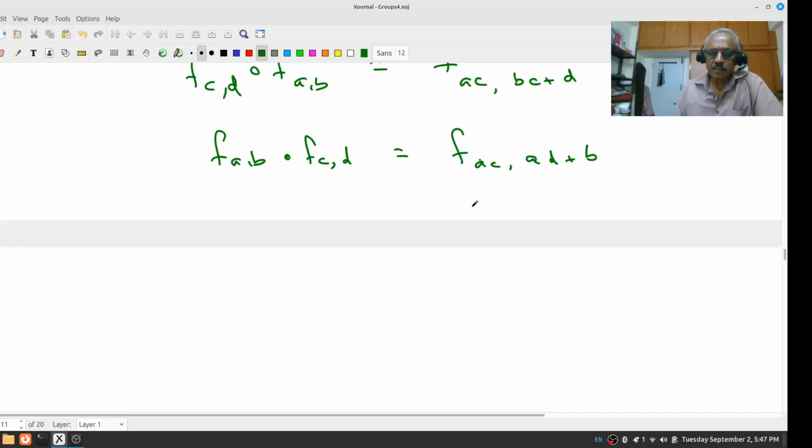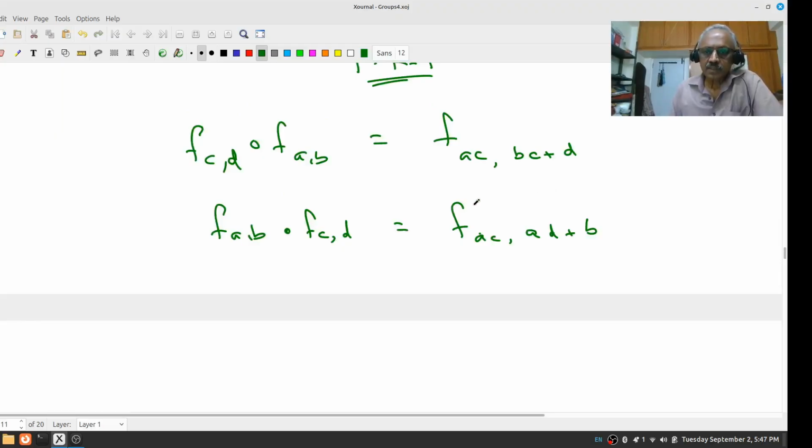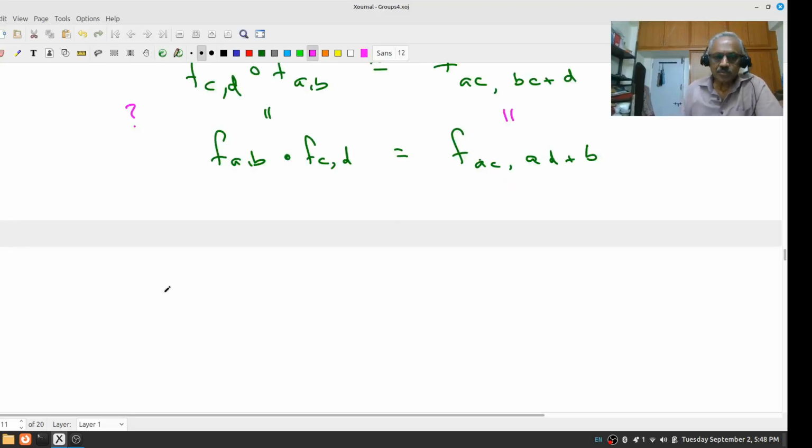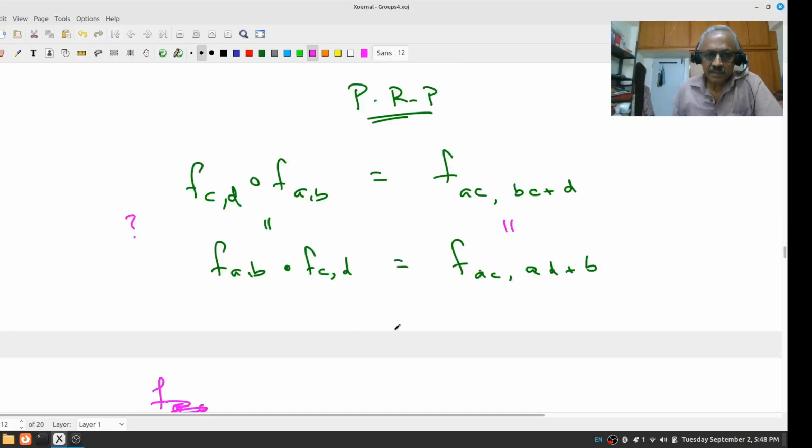So, are these two functions equal? Question mark is whether they are equal. If they are equal, that means these two functions must be the same. But what is the value of those functions at x? Let me write.